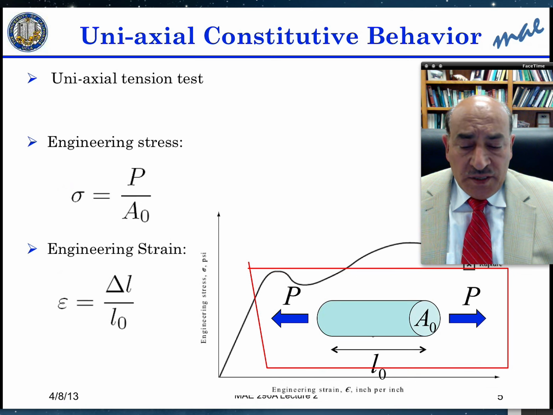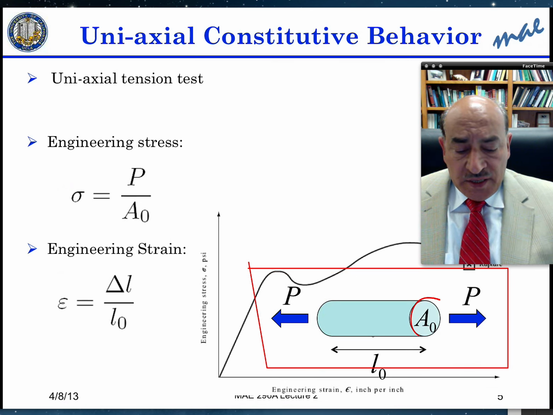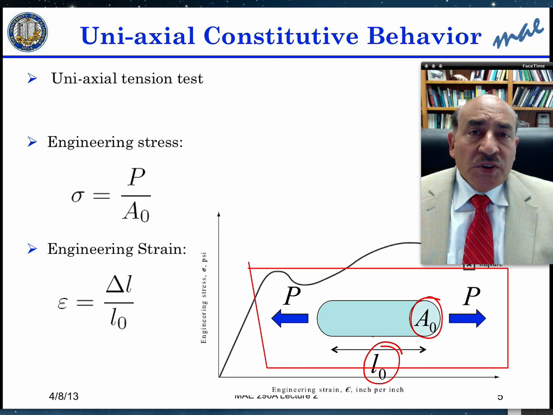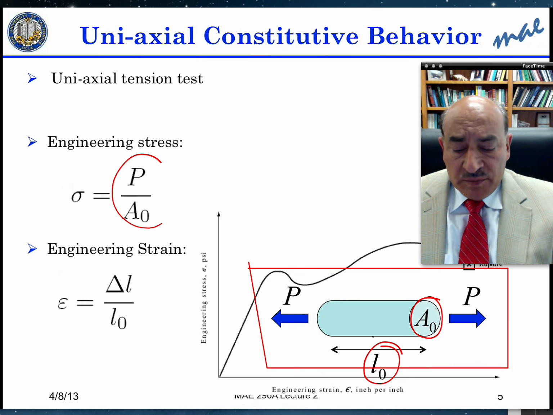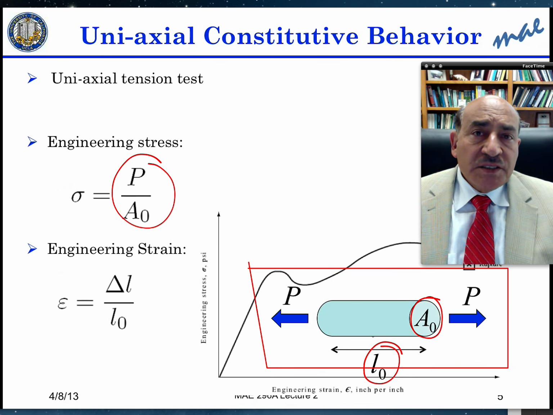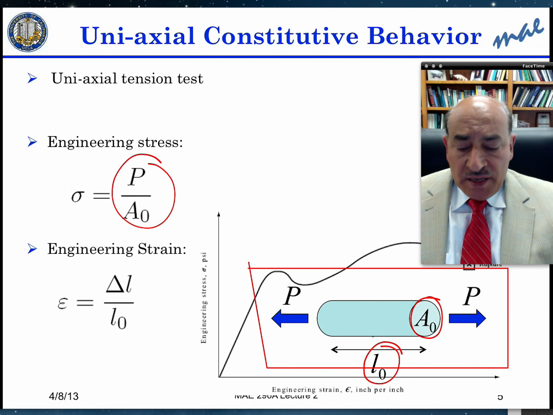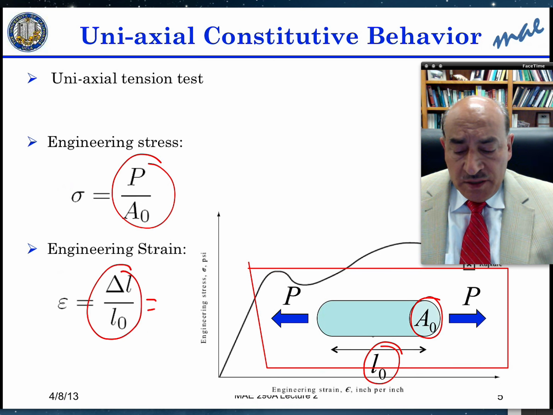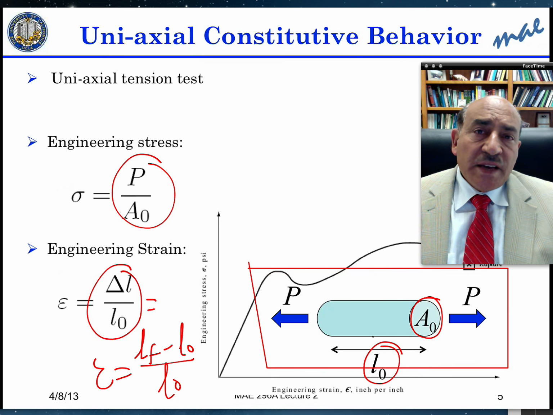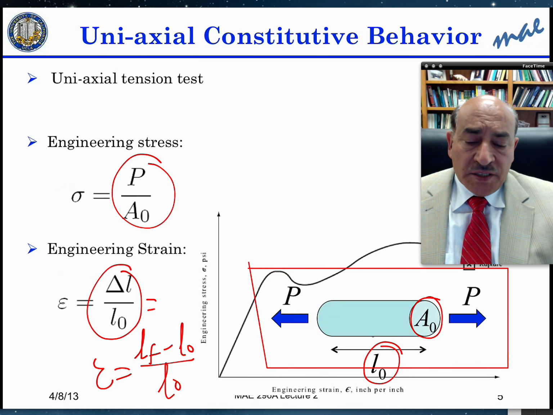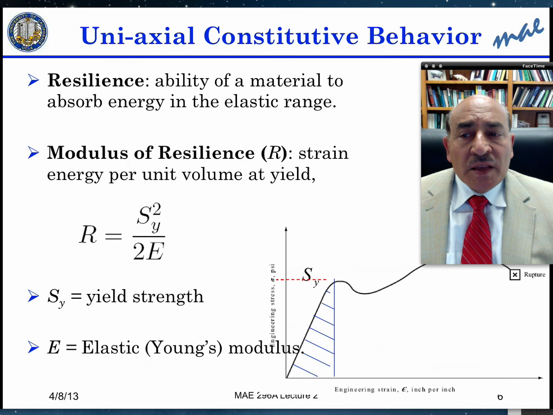If the initial cross-sectional area is A0 and the initial length is L0, then we define the engineering stress as the force divided by the initial area, and the engineering strain as the change in length divided by the original length, L final minus L0 divided by L0. This is the definition of the engineering strain.